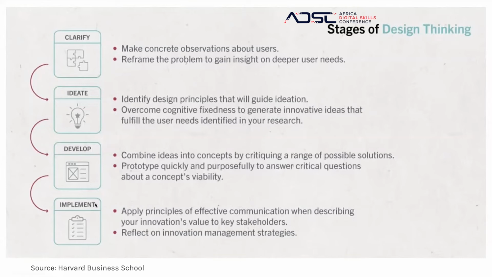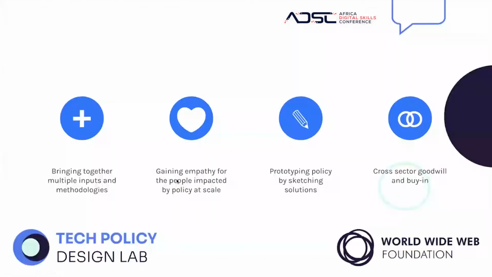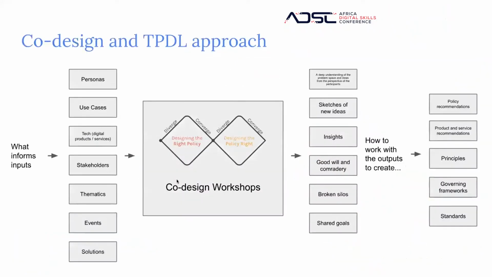But these 4 could also be 4 separate workshops. You could also have a single workshop if you are just focusing on a specific aspect of the problem. And through these, you get a deeper understanding of the problems and the ideas, and these come from diverse perspectives.